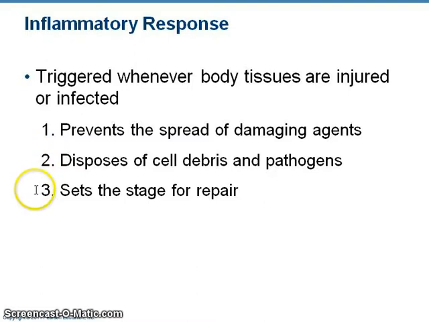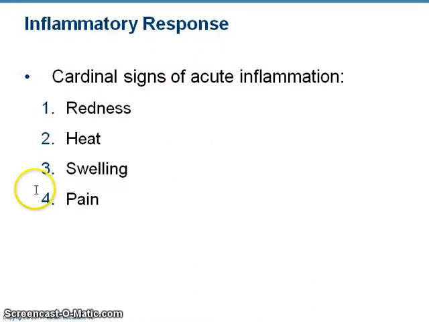Specifically, number 3 here means that oxygen, glucose, protein, and other raw materials that are going to be needed to repair and rebuild the damaged area are going to be delivered to the wound due to the inflammatory response.